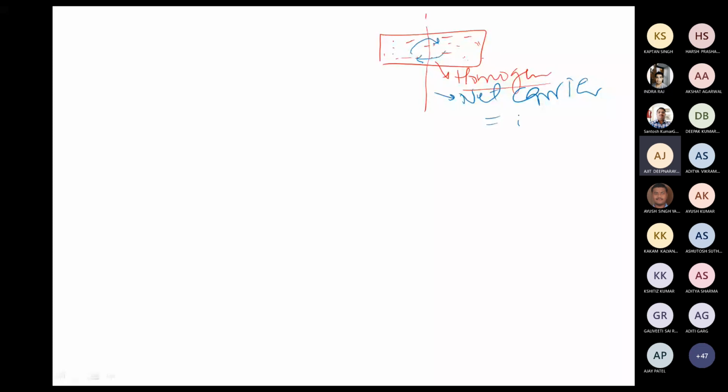But let us say we take another case in which a non-uniform concentration is present somehow. That means on one side there are more carriers as compared to the other side, and we again take a fictitious boundary here and look at the scenario. Suppose on this side the carrier concentration is higher, and on the other side it is lower.